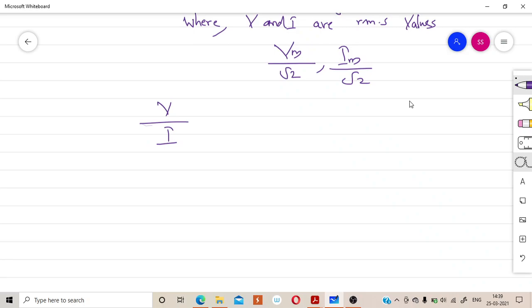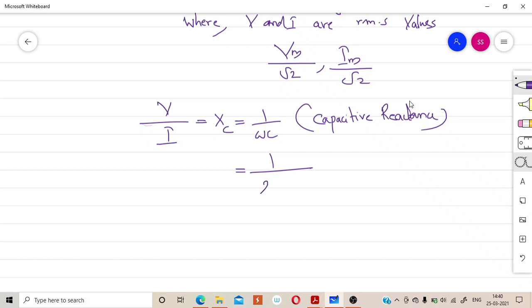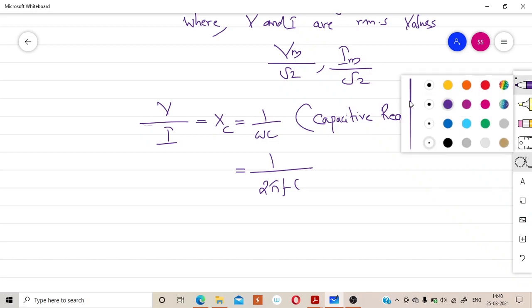In a pure capacitive circuit, or in the case of a capacitor, this V by I is equal to 1 by omega C, and it is known as the capacitive reactance, and it is notated as Xc. So the Xc magnitude is 1 by omega C, that is equal to 1 by 2 pi f C, where omega can be written as 2 pi f.